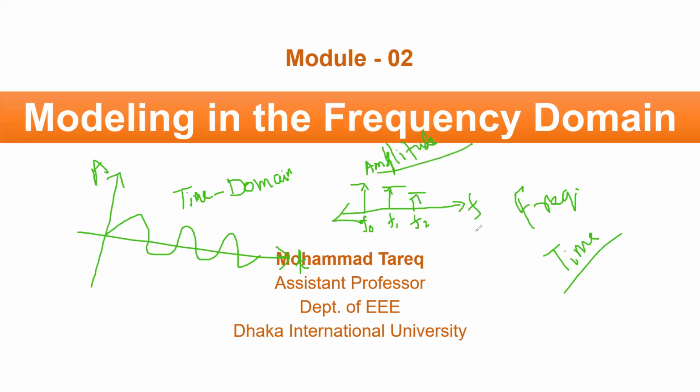Mathematically, you can represent the control system in two ways. One is the frequency domain, another one is the time domain. In the frequency domain, we have the transfer function. We will see this term later.